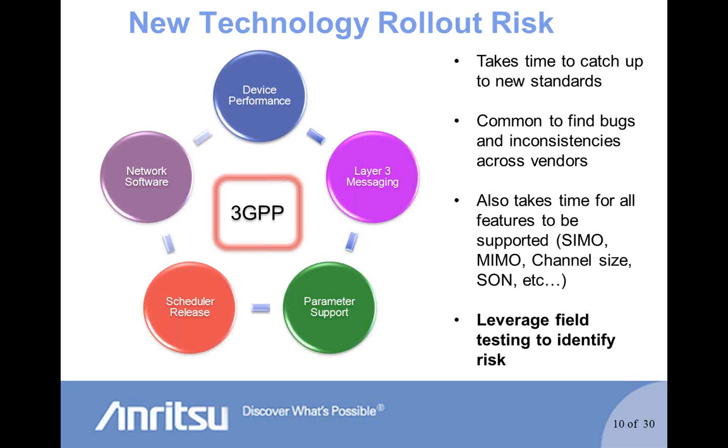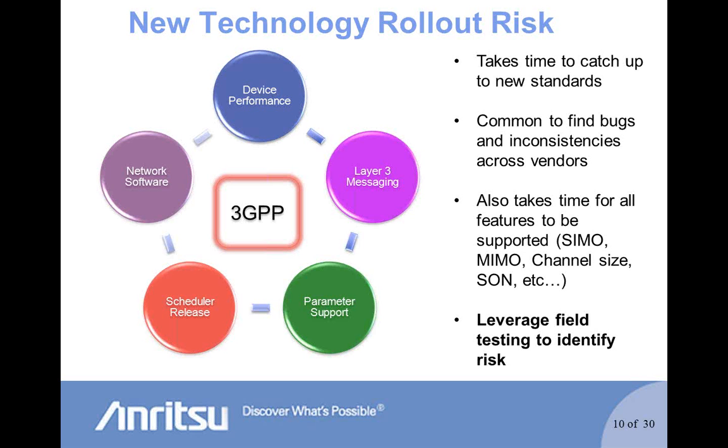So new technology risk. Anytime you deploy new technology, even though you have a standard, in this case 3GPP, obviously the standard lays out what you're supposed to do, how you're supposed to do it. But it doesn't really talk about or manage some of the details for scheduler, for example, or maybe layer 3 messaging support, device performance, if the device can support various LTE channel sizes.